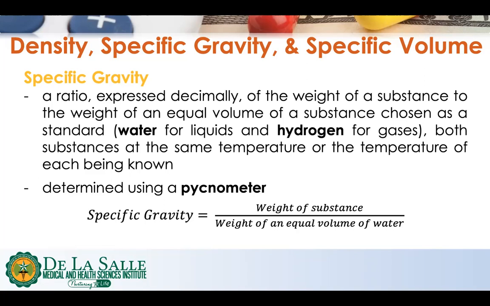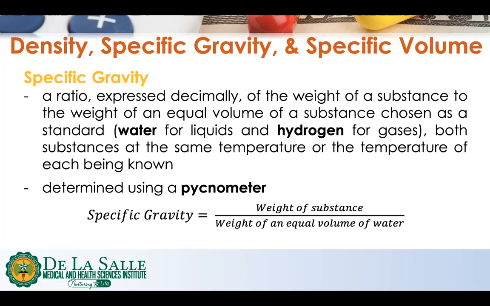Remember that because of the varying ways to express the density, or the varying units used to express the density, the numerical value of the density may vary for one substance at any different temperature or at any condition.